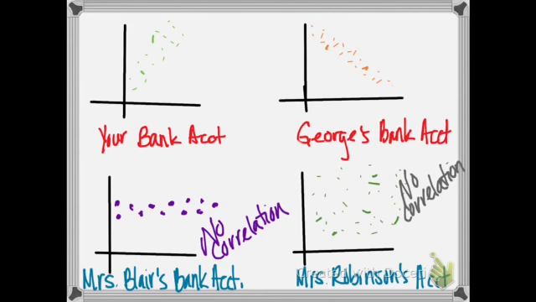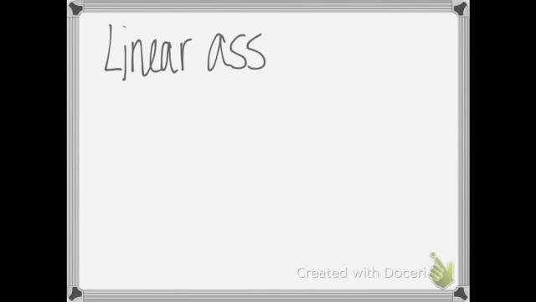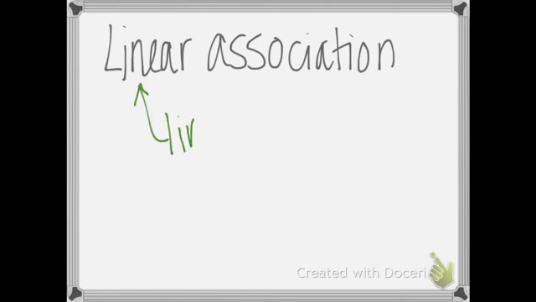So these are the types of pictures you could probably see with a scatter plot. So if you got a positive correlation, negative correlation, and no correlation, what that really means is you have something called a linear association. Well, linear we already know means, of course, line.